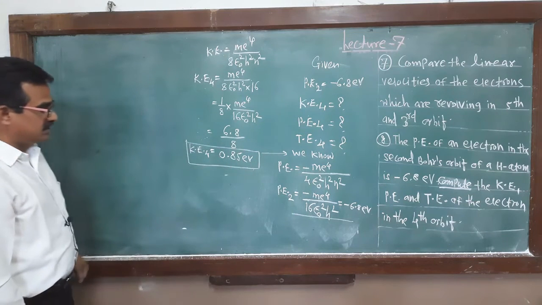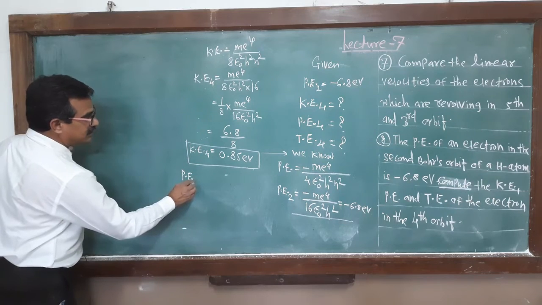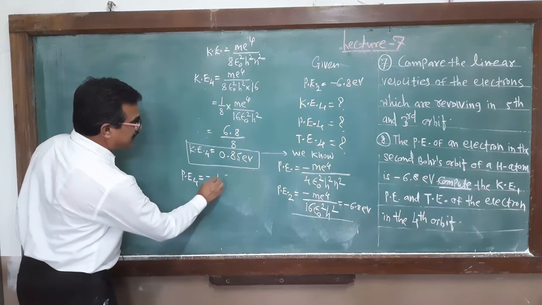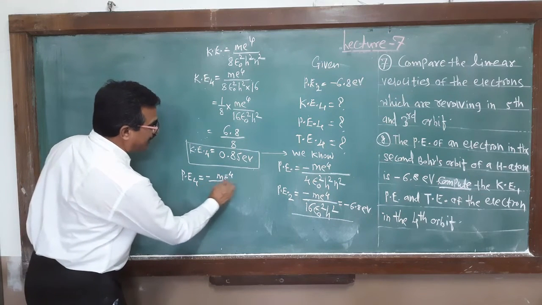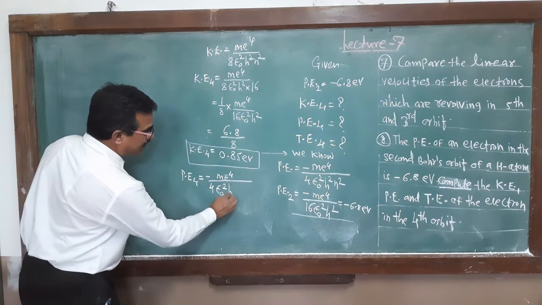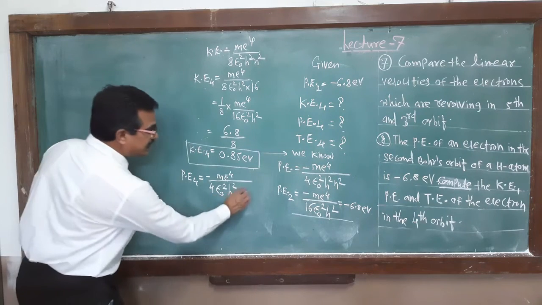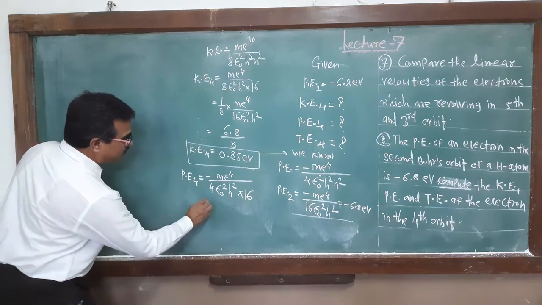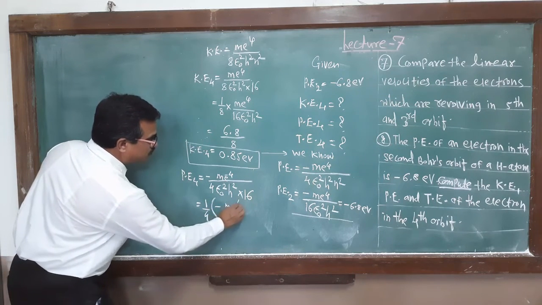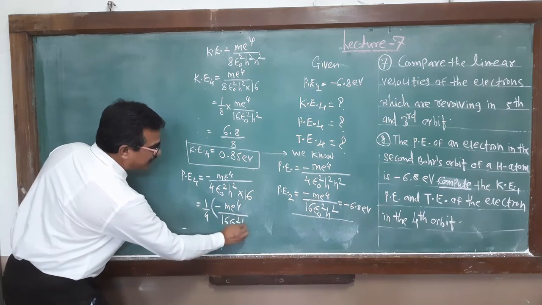Next one, potential energy. The expression for potential energy in the fourth orbit is equal to, according to this, minus m e raised to 4 over 4 epsilon 0 square h square. Again, what is the value of n? n is equal to 4, so n square is 16. That must be equal to 1 upon 4 in bracket minus m e raised to 4 over 16 epsilon 0 square h square.